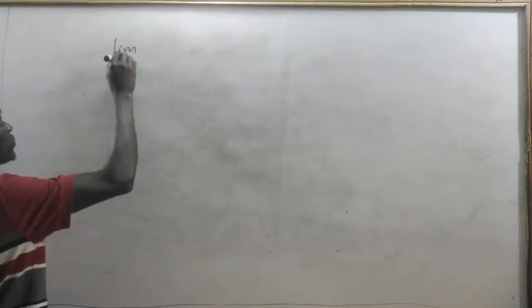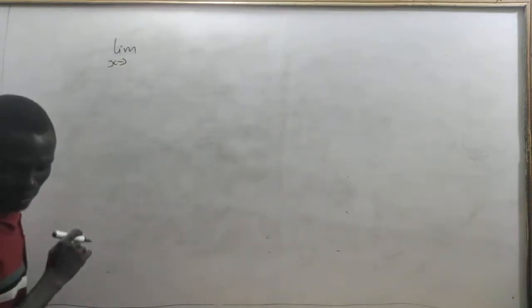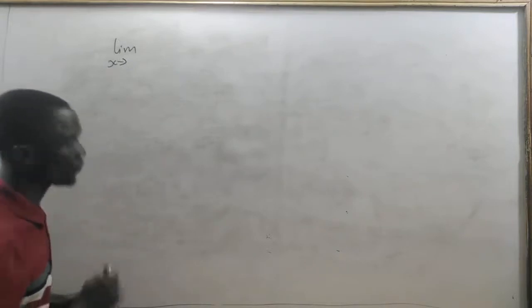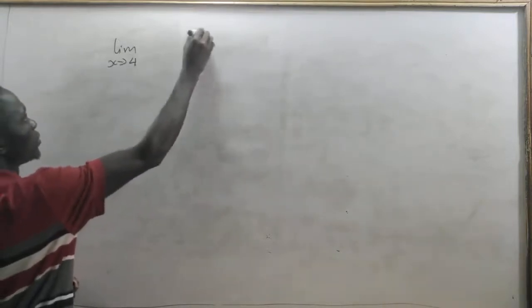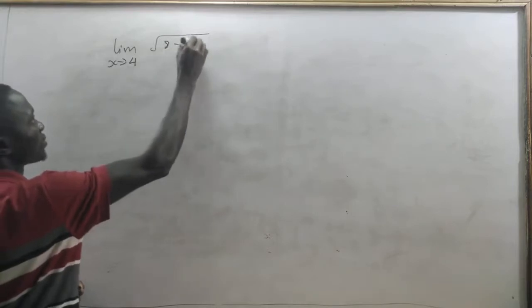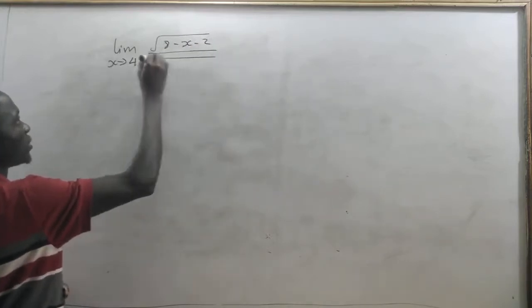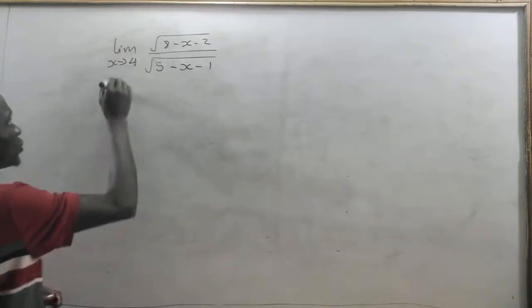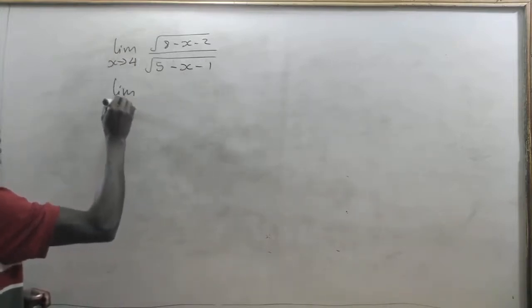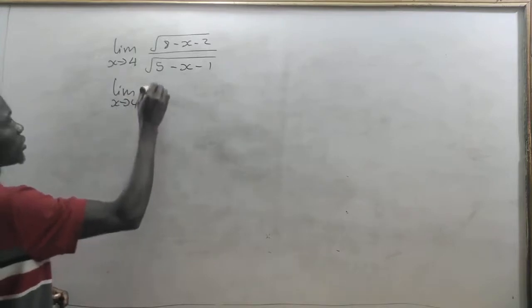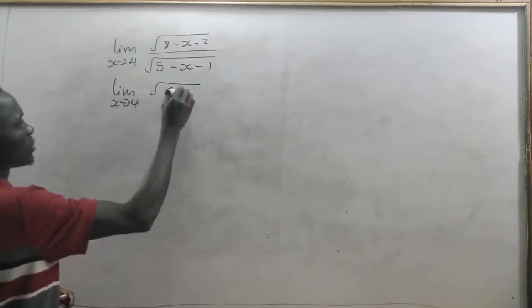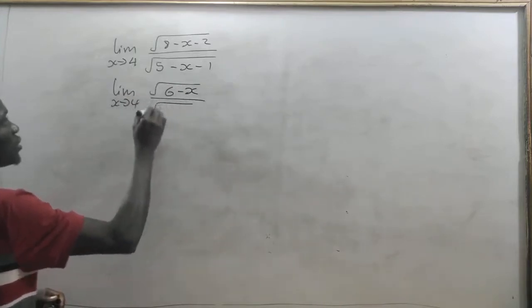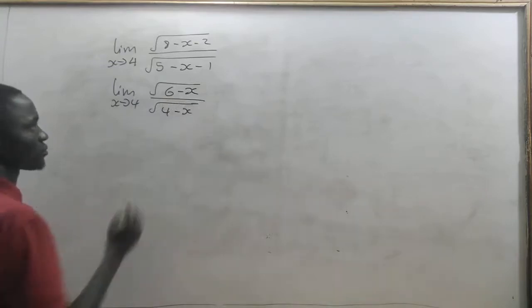as x approaches 4 of square root of 8 minus x minus 2 divided by square root of 5 minus x minus 1. So this is the same as the limit as x approaches 4 of square root of 6 minus x divided by square root of 4 minus x.